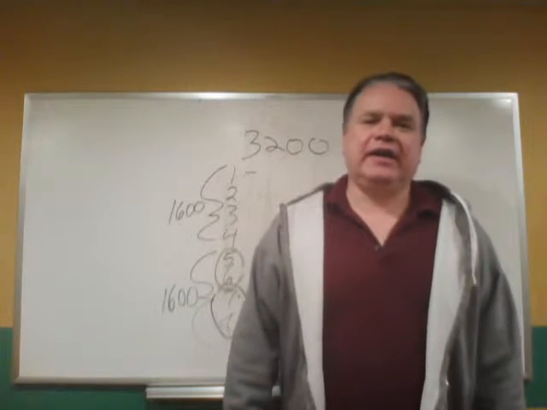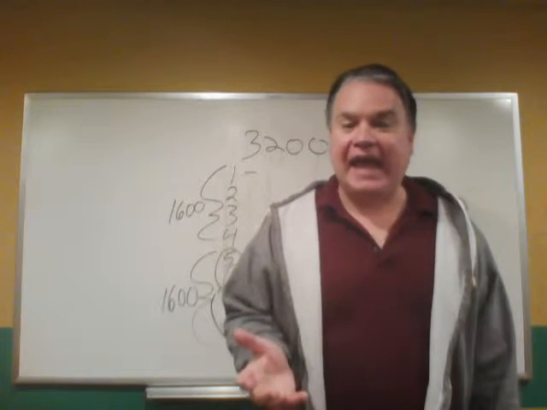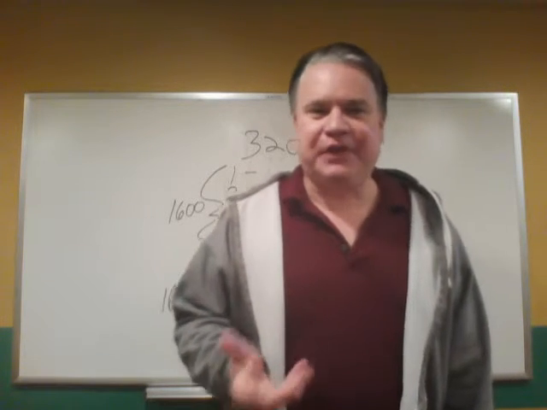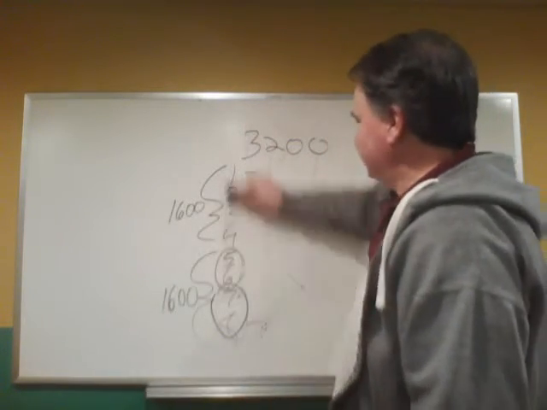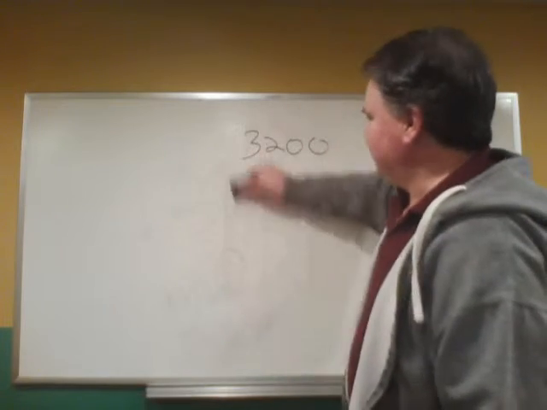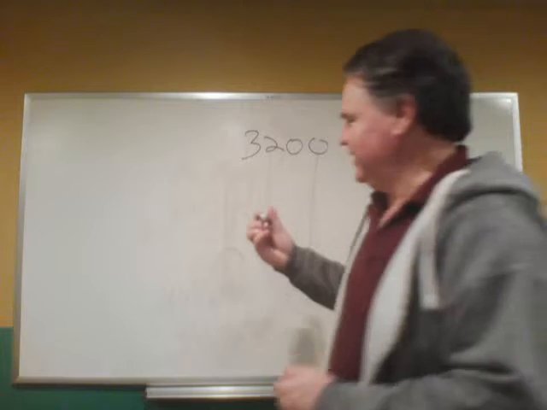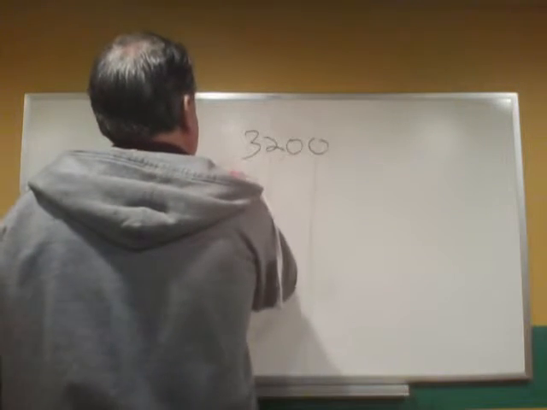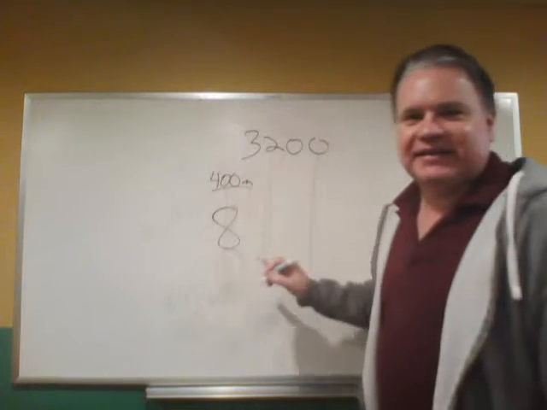In the 3200, you got to be careful that you don't forget what lap you're in. It's a long race. On a 400-meter track, that's 8 laps.